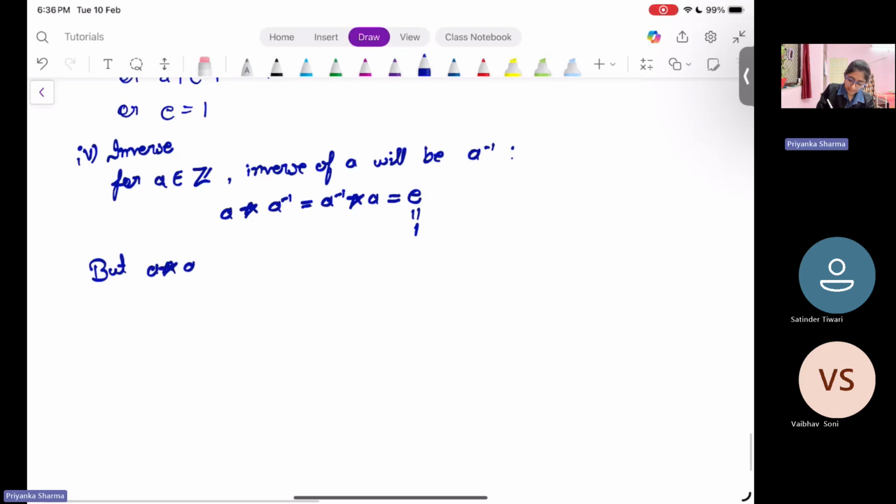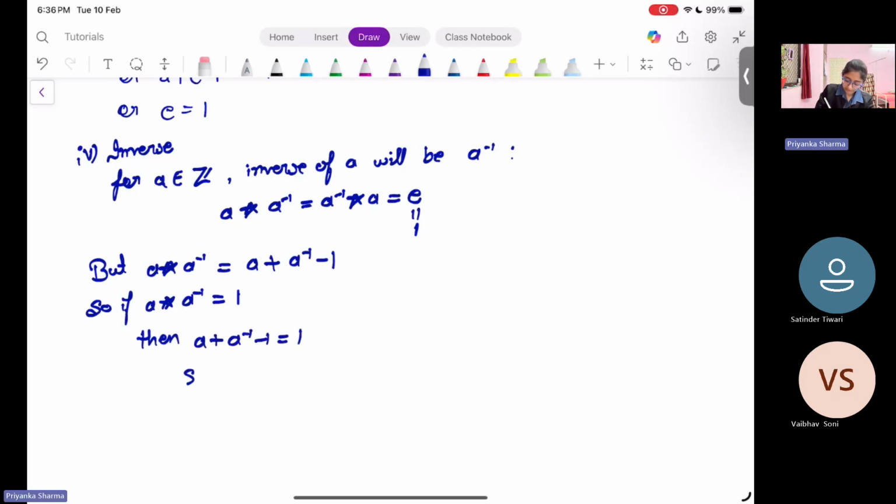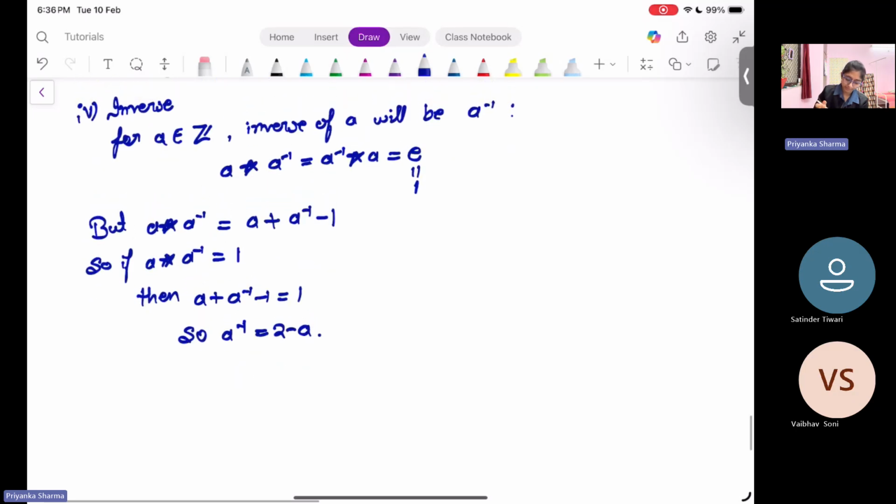But what is A star A inverse? This is A plus A inverse minus 1. So if A star A inverse is the identity, that is 1, then A plus A inverse minus 1 is 1. So what is A inverse? A inverse is 2 minus A. So this is the inverse of elements.